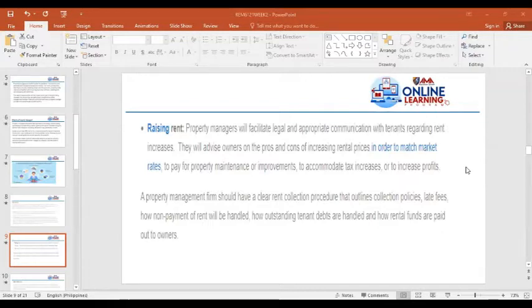So a property manager should have a clear rent collection procedure that outlines collection policies, late fees, and how non-payment of rent will be handled, how outstanding tenant debts are handled, and how rental funds are paid out to the owners.